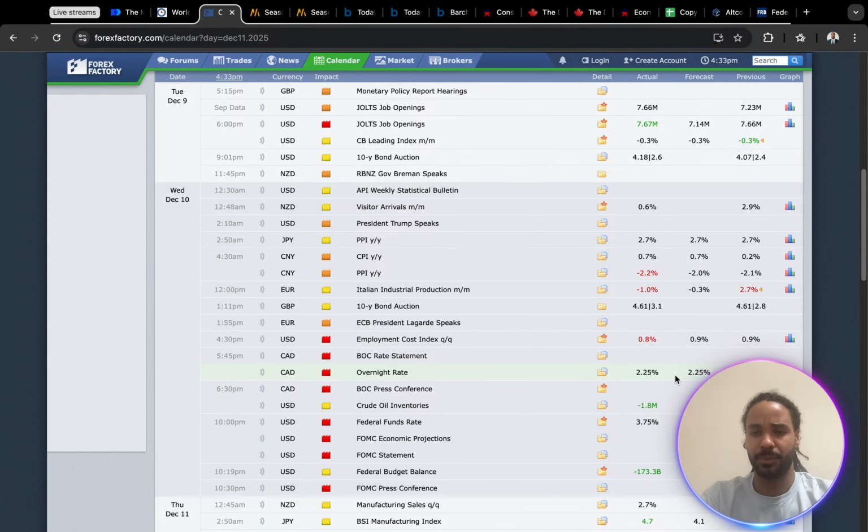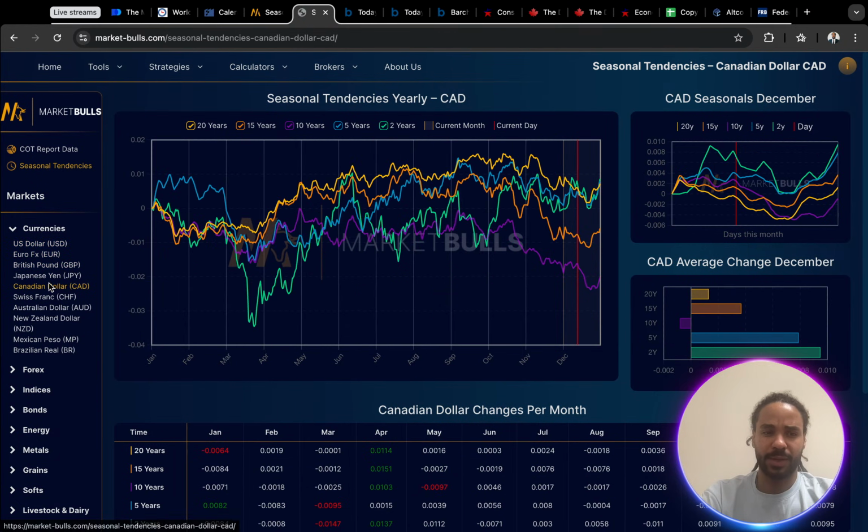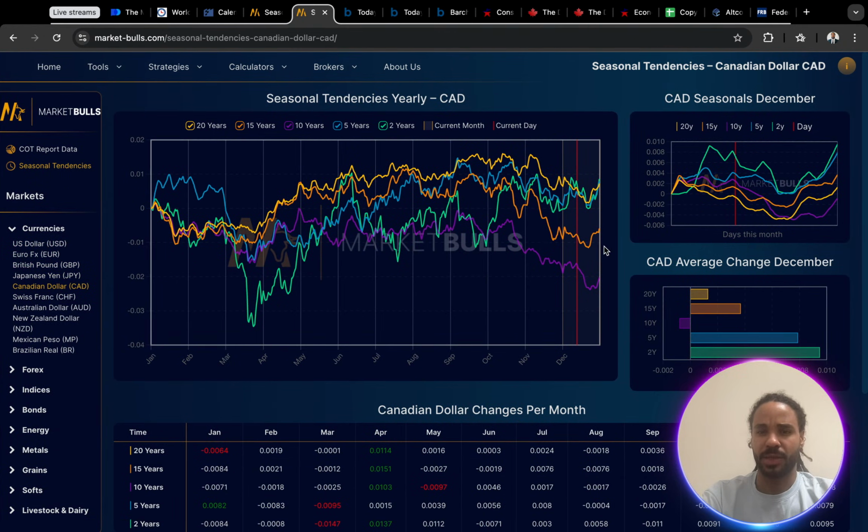Okay, overnight rate, we'll look at overnight rate next time. But employment cost index fell to 0.8%. Now if you correlate that by a quick visual, and you look at Canada, you see the opposite. You see that on a 2-year, the Canadian dollar gains strength, right? So naturally, from this seasonal perspective, the USD is losing strength and the Canadian dollar is increasing strength.